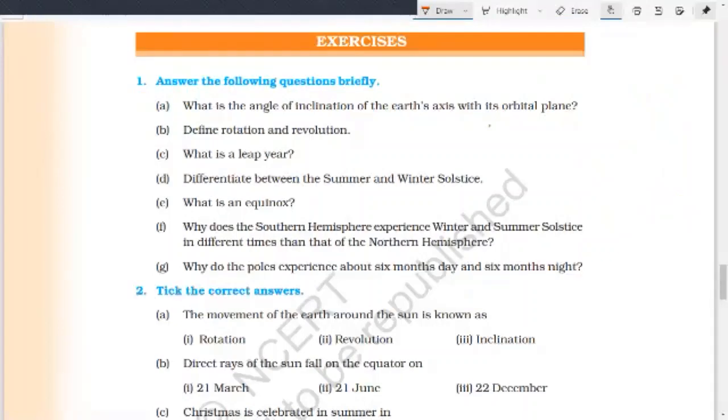Welcome my dear friends. In this tutorial, we are going to answer all the questions of chapter number 3 of NCERT Geography. If you have not gone through the lecture on this chapter, you must go through it so that you have a complete understanding of the basic concepts like circle of illumination, the southern hemisphere, summer solstice, winter solstice, rotation, and revolution.